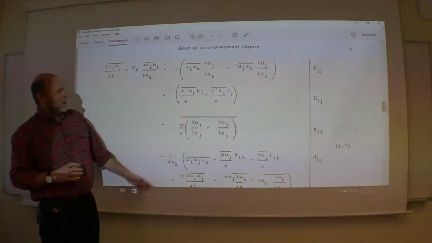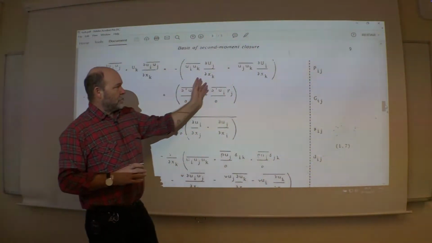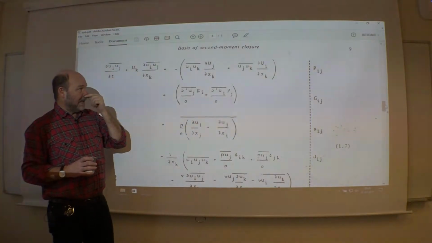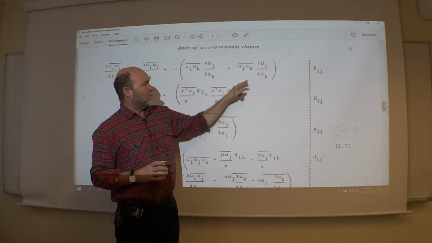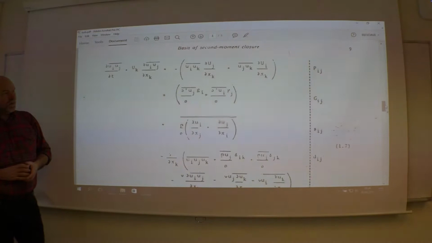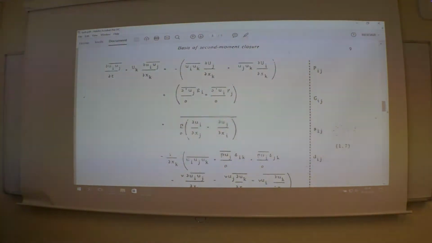But again, on the other side here, terrible. The production term is the only one that makes a little bit of sense that we can handle. Here you have the Reynolds stress multiplied with the gradient of the mean field. That's something we can actually make sense of. But all the rest, you can just forget it.